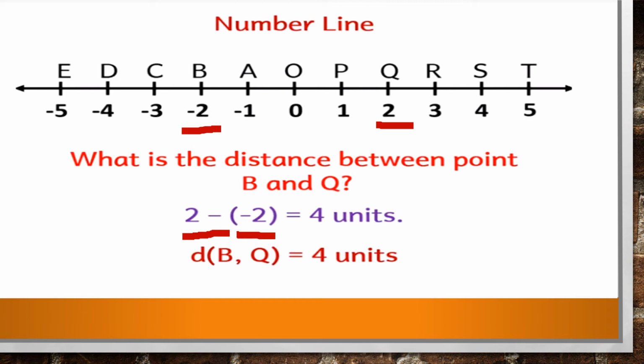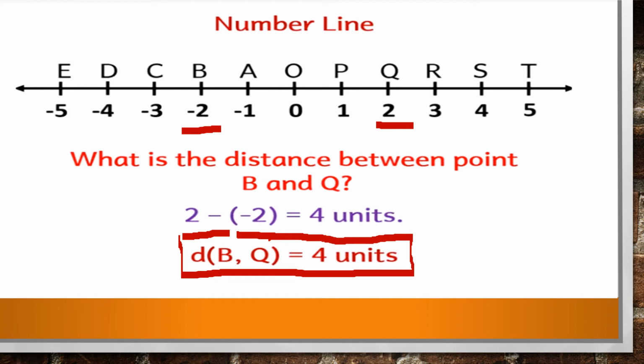So the distance between B and Q is 4 units. Remember this. Always remember that among the points, positive numbers are bigger and negative numbers are small values. It is not that we have -2 and 2 and wonder which number is bigger or smaller. So always remember this as a common sense thing: the positive ones are greater numbers and the ones which have a minus sign are smaller numbers.